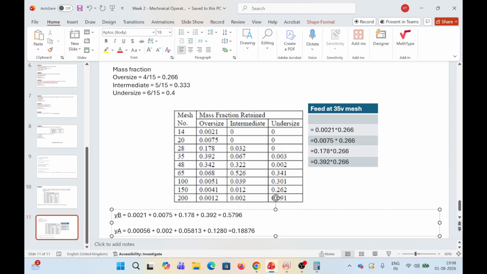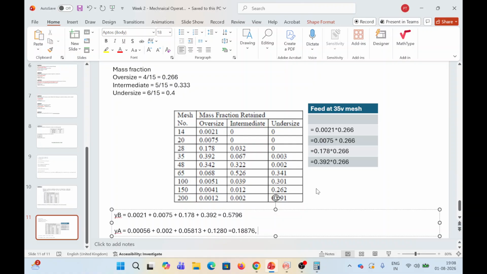Now you know YB and YA. So once you know YB and YA, you can calculate the effectiveness of the screen. YB is known, YA is known, so you can easily calculate the effectiveness of the screen using the formula.